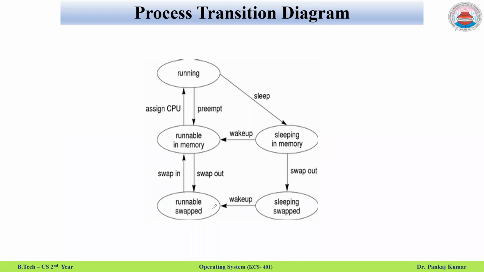So a process is in runnable condition as soon as CPU is allocated to a particular process and it starts running. Clear? Now see, if any process which is in a sleeping condition, stored in sleeping mode in the RAM, is moved from RAM to secondary memory, then it is called sleeping swap.